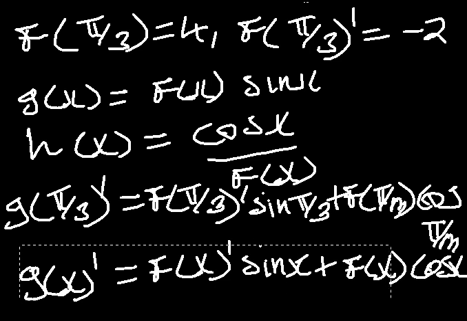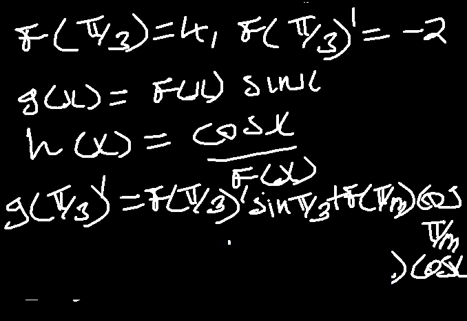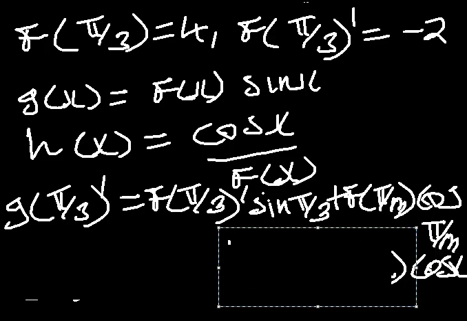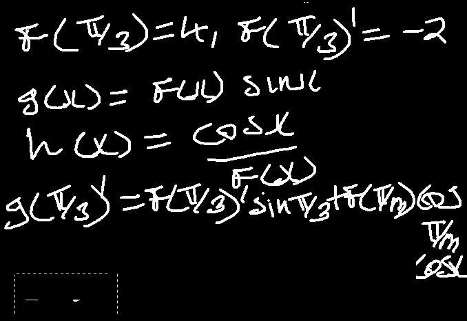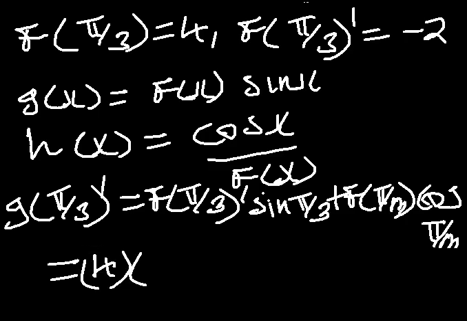Thereafter, we'll have to substitute the given values in the question. Now, what are the given values in the question, with respect to what I have obtained here? So what is f of pi over 3? We have it as 4, times, what is sine pi over 3? Mind you, pi over 3 is 60 degrees. So what is sine 60 degrees? We have it as square root of 3 divided by 2.